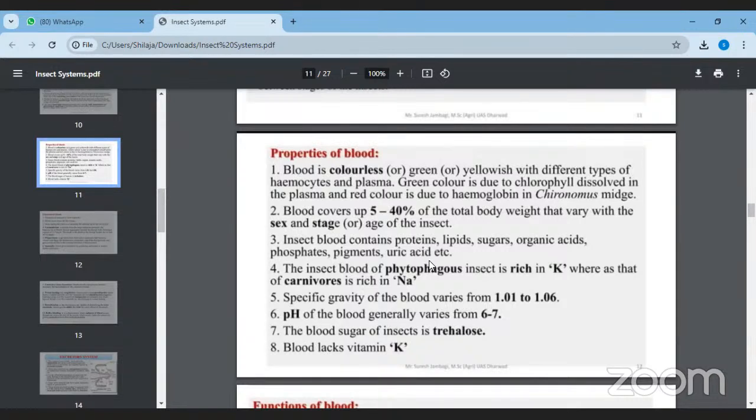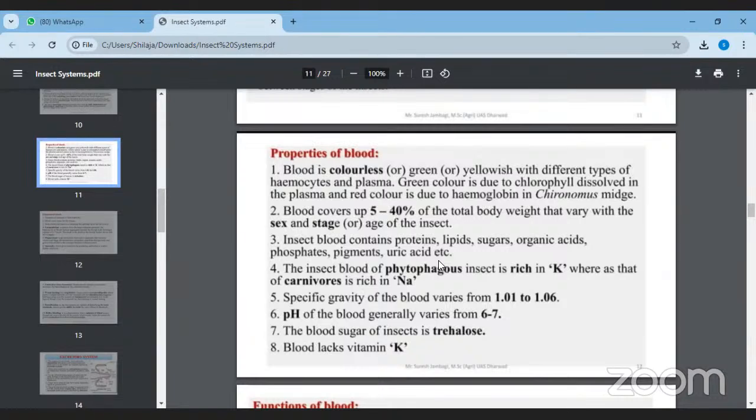Nitrogenous waste mainly, which is excreted through the Malpighian tubules, may include urea, allantoic acid, ammonia, etc., which we are going to discuss in the next slide.